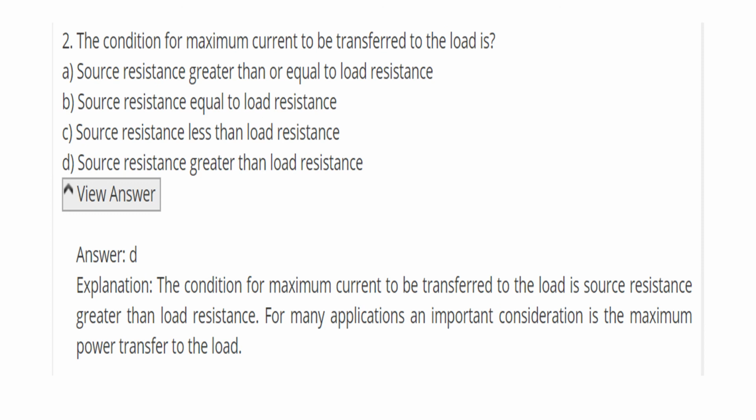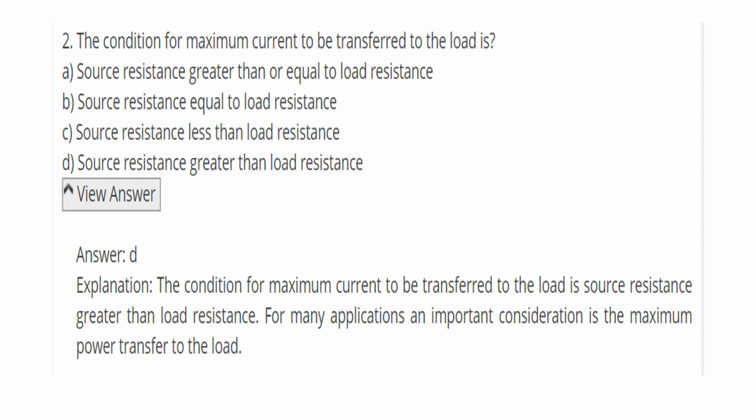Next question, also on maximum power transfer theorem. The question is: the condition for maximum current to be transferred to the load is, options are A, source resistance greater than or equal to load resistance; B, source resistance equal to load resistance; C, source resistance less than load resistance; D, source resistance greater than load resistance.